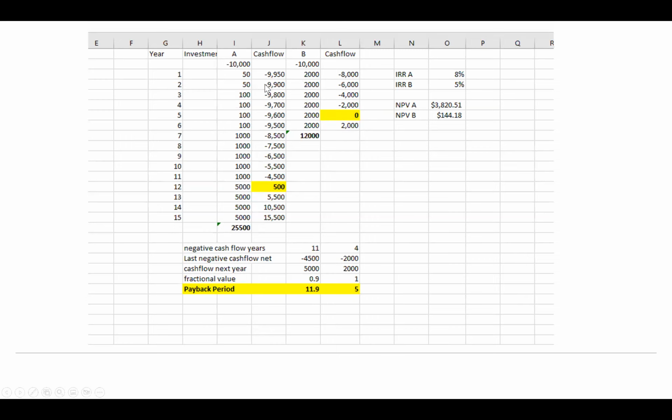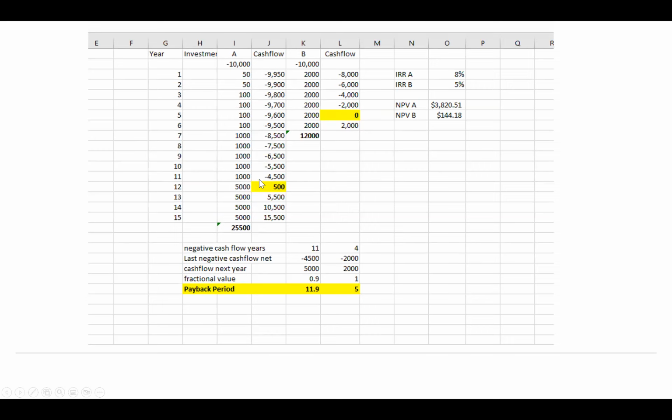Whereas with this one, you have an uneven stream of payments. So you first calculate how many years you have negative cash flow. From your initial $10,000, you're subtracting the amount that's coming in every year. And it takes 11 years that you have negative cash flow, so your 12th year is your first positive cash flow year.